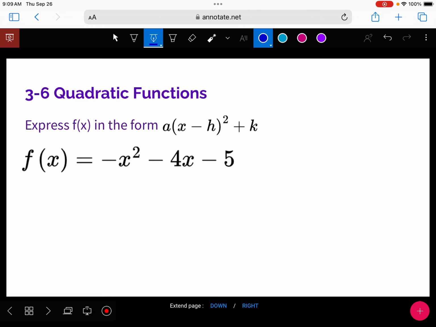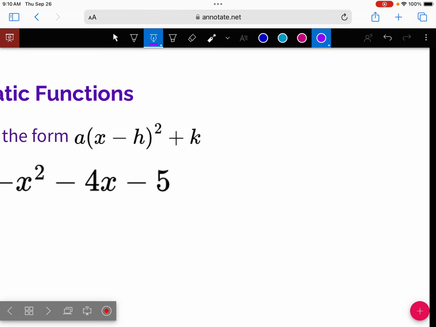Okay. So the next kind of question is we're going to be given a function and told to write it in vertex form or transformation form. Express f of x in the form a(x minus h) squared plus k. You have two options when approaching this. Option 1, hard mode but traditional, complete the square.